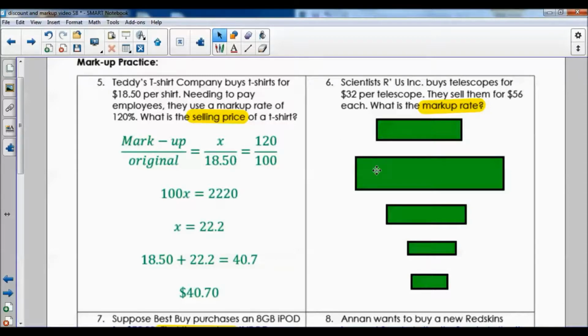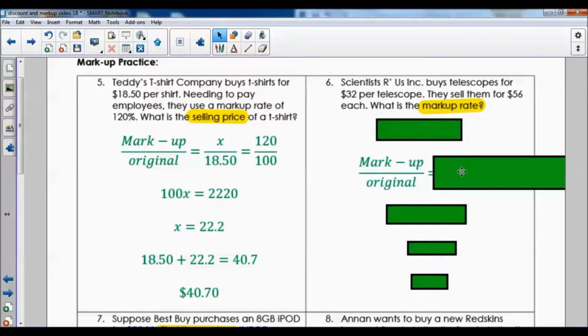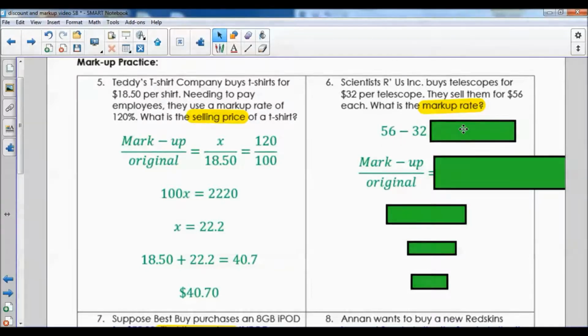Okay, so if we think about our proportion, markup over original, we actually don't have the markup just written in here, kind of like that discount problem on the first part. Okay, so we actually need to take what they sell them for and subtract the original. So we would take 56 minus 32, and they're marking them up for $24.